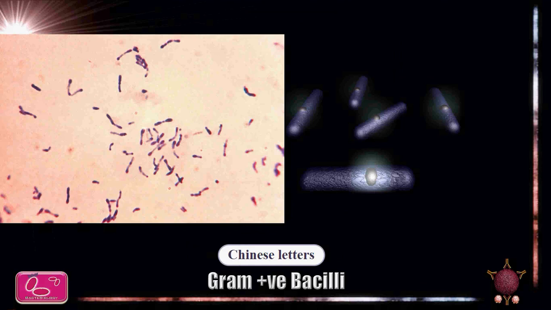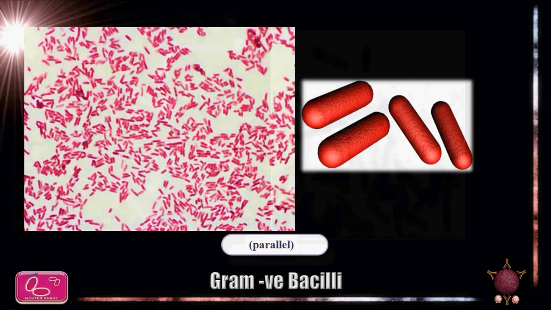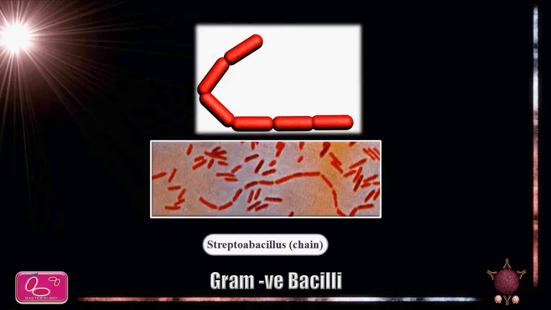We'll have a lecture about all of these organisms in the future. So gram positive bacilli, and as you can see, they are arranged like a drumstick. So here, gram negative bacilli, each two arranged in parallel. So gram negative bacilli arranged in chains.